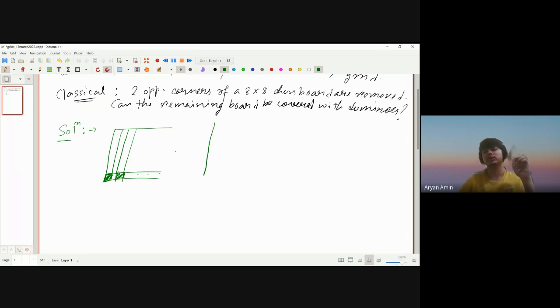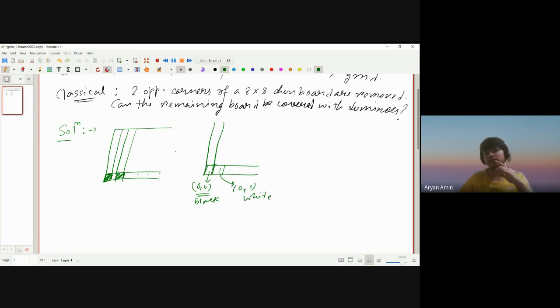In grid notation, suppose the bottommost leftmost square is the (0, 0) square, and suppose this is black, and then this is white.